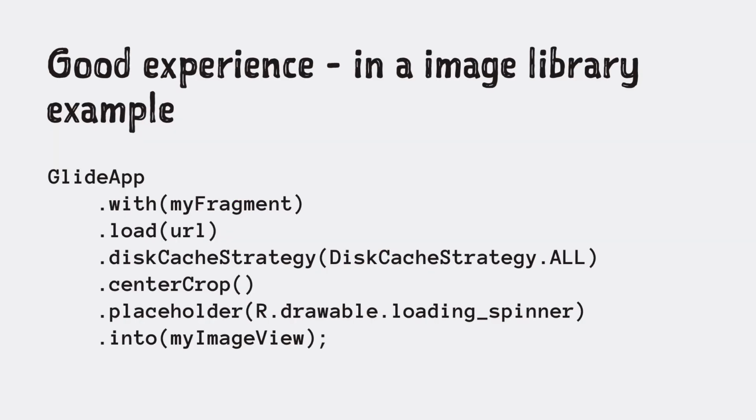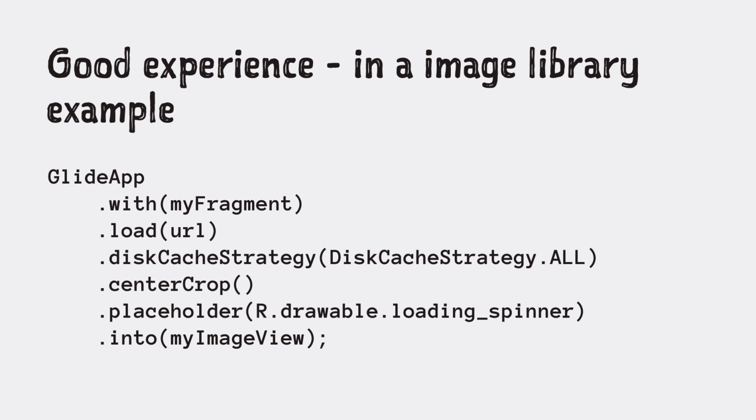Now, this syntax is really similar between Picasso and Glide, and here is a clear example of how this would look and how this library would do everything for us. It would load a URL from, again, the web, in the background.